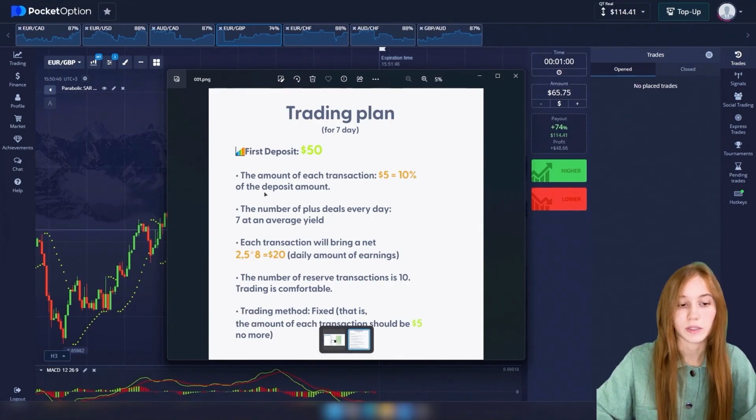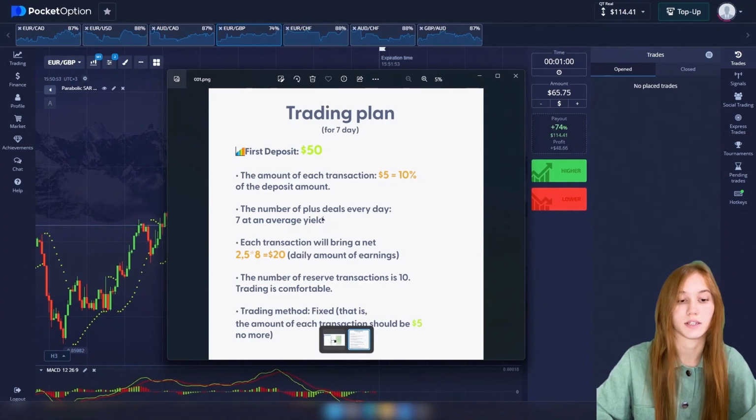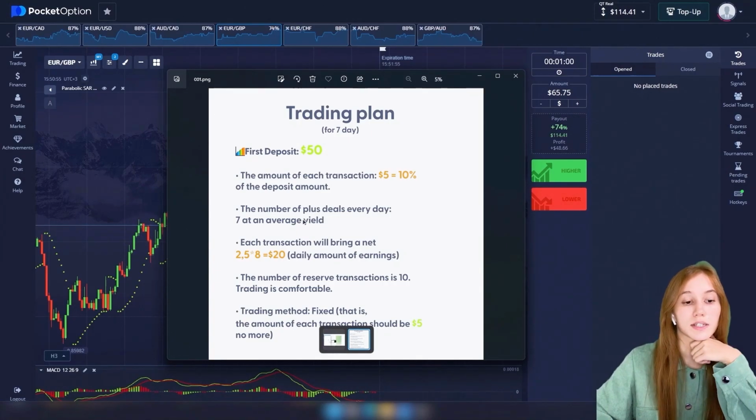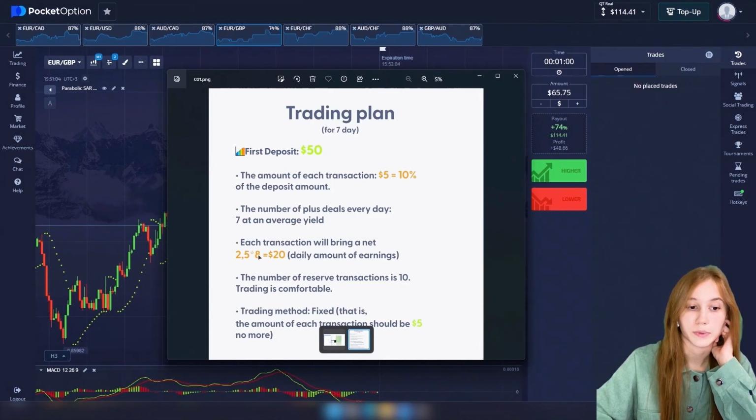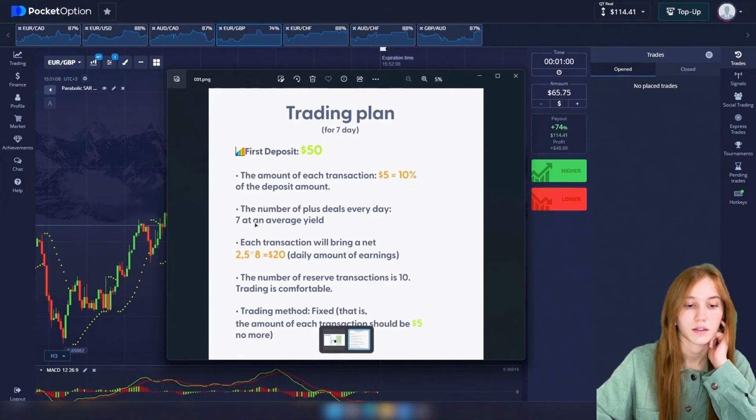And the number of profitable deals we have every day is an average number of successful deals. 7 days of profitable ones. Every deal will bring at least $2.5 plus or minus maybe.